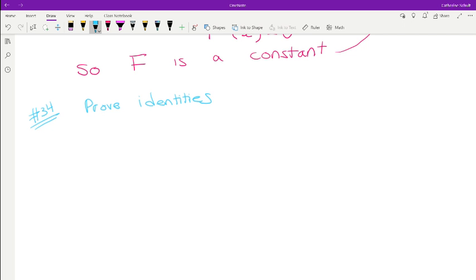Number 34 says we're going to use the method that I'm going to show you to prove the identity 2 arcsine, or inverse sine, of x is equal to inverse cosine, or arccosine, of 1 minus 2x squared, for x greater than or equal to 0.